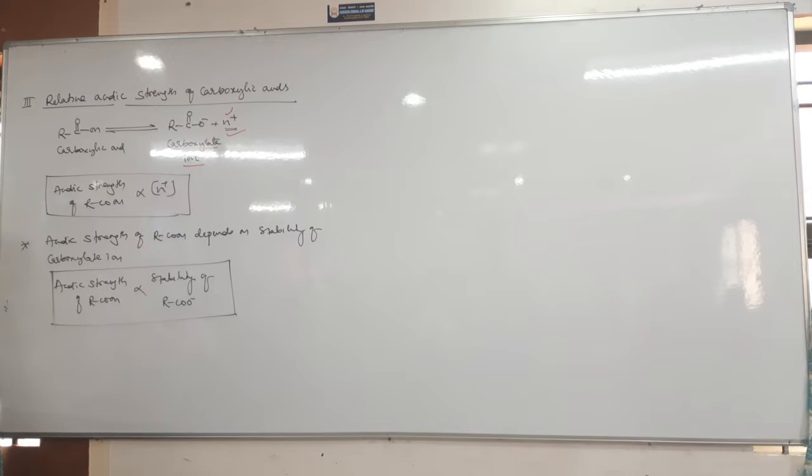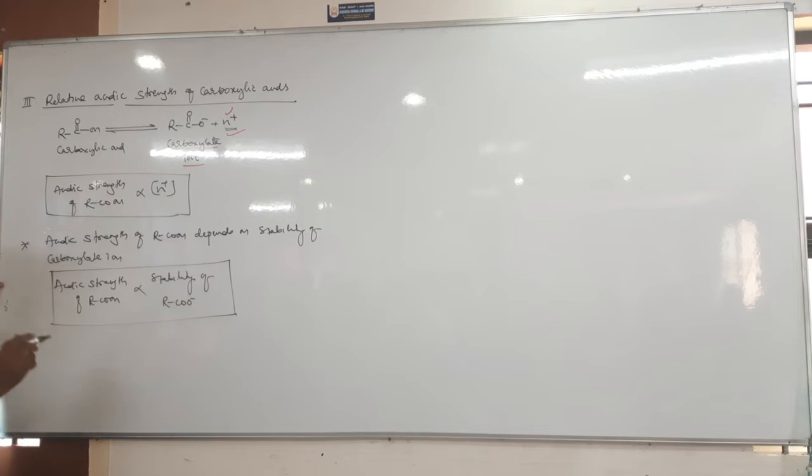So with which group does the anion become stable? Electron withdrawing group, right? Because it is a negative charge, and the negative charge has to be reduced. How do you reduce negative charge? Electron withdrawing group. That means electron withdrawing group makes anion become stable. Electron releasing group makes anion become less stable.